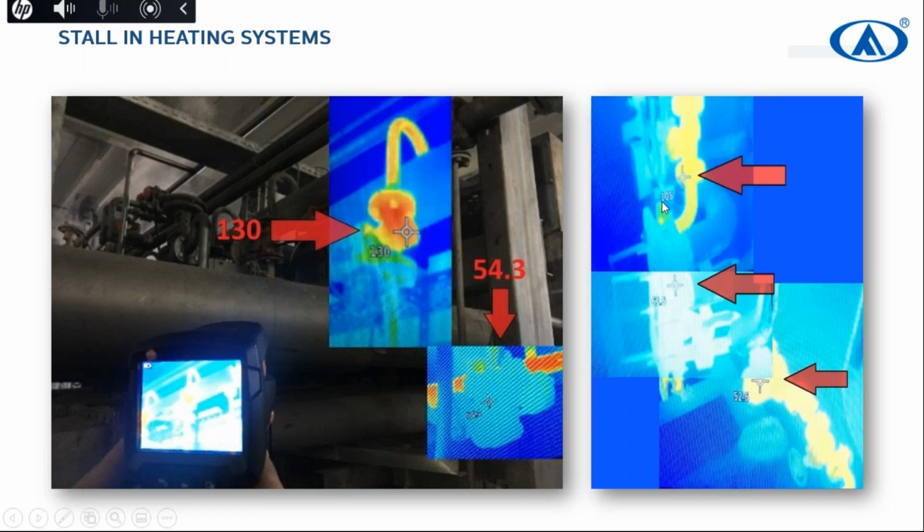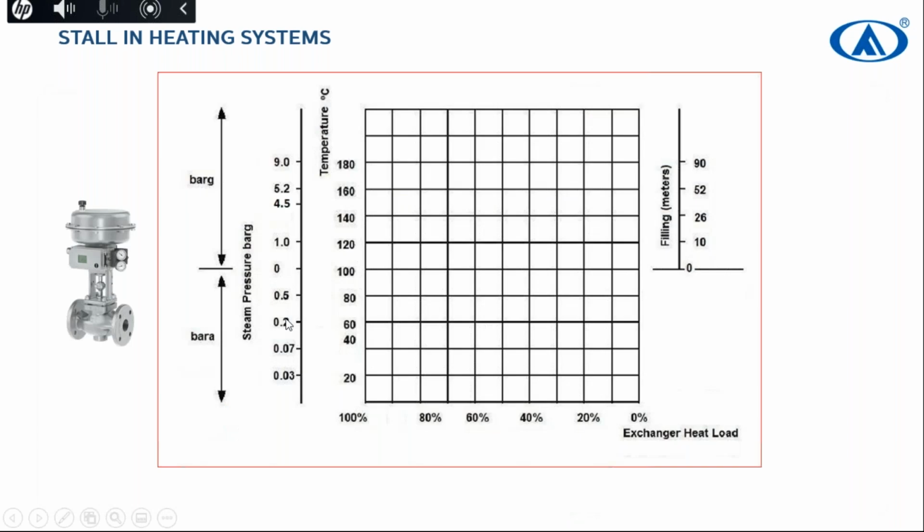Why is it happening? By the way, it's happening in all heat exchangers, in the whole heating process, all around the world, in all your factories. Why? Because even the temperature control valve or pressure reducing valve, if you generally use a temperature control valve, has a set temperature. For example, 70 degrees Celsius, and your product is 30 degrees Celsius.